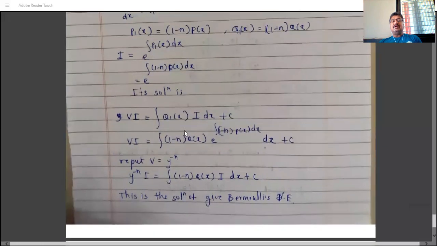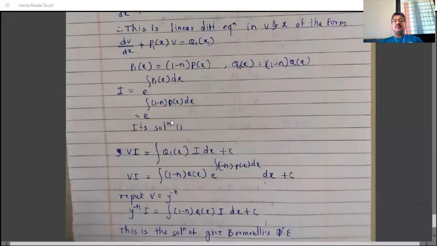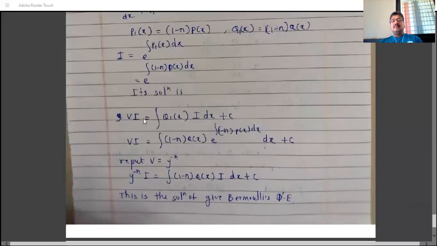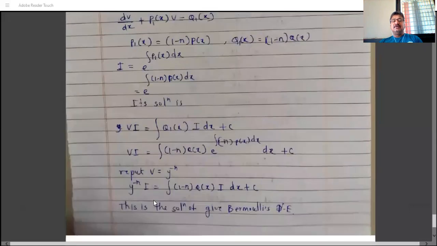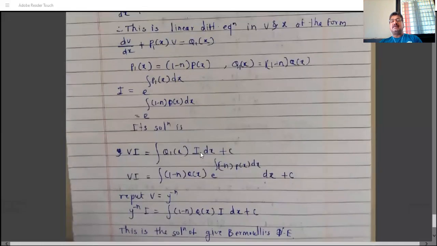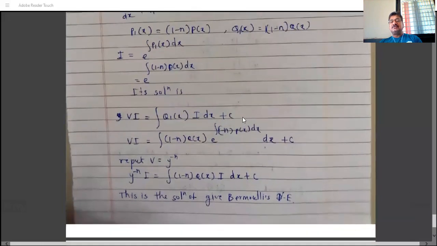The general solution of a linear differential equation has the formula y I equals integration Q(x) I dx plus constant, but instead of y we write v. So v I is equal to integration of Q1(x) I dx plus constant, and Q1(x) is 1 minus n times Q(x).